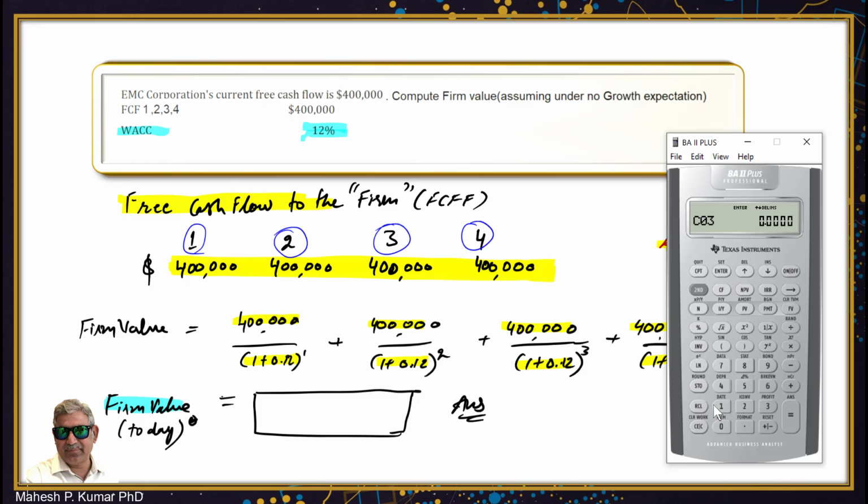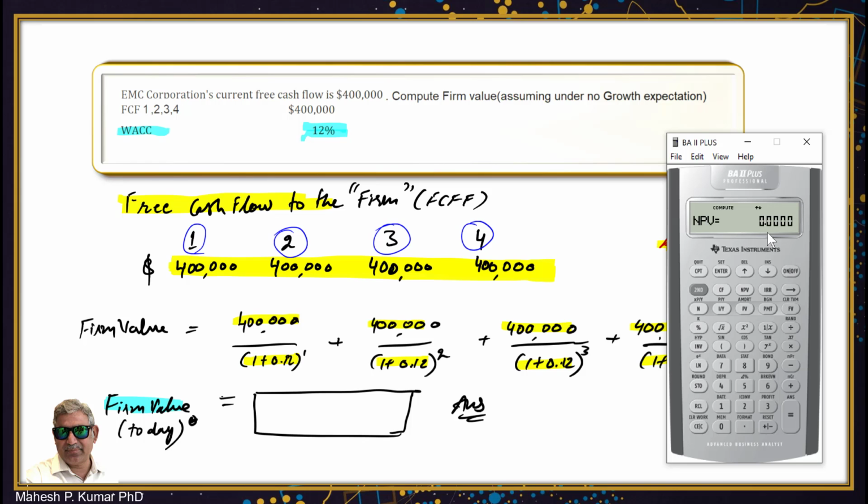Third cash flow, recall 1, enter, go down, go down. Fourth cash flow, recall 1, enter, go down. And now we have to calculate NPV. When I hit NPV, it is asking for I. I is nothing else but the weighted average cost of capital, which is 12%, and then enter, and then go down to NPV.